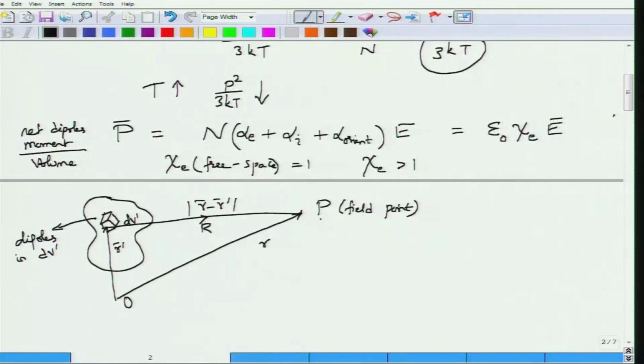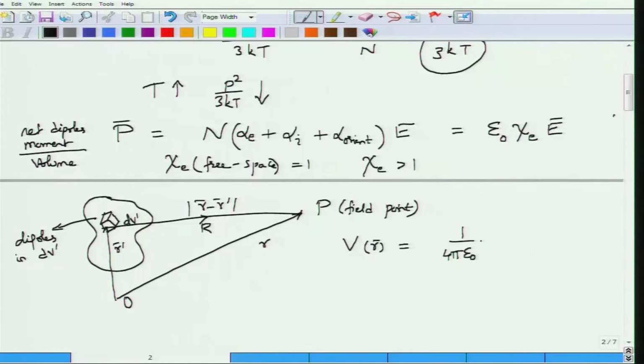So the potential is basically the charge present inside this volume element divided by 4 pi epsilon 0 into R. We will use capital V for the potential and small v for the volume. The potential at the field point, at some vector point r, is given by 1 by 4 pi epsilon 0.